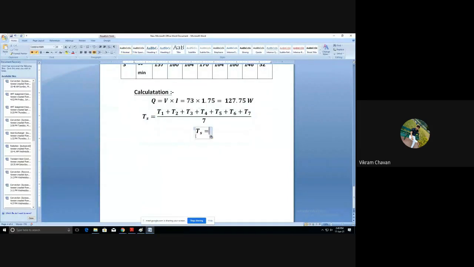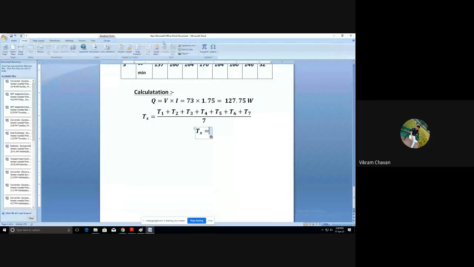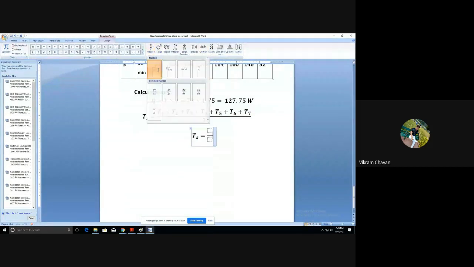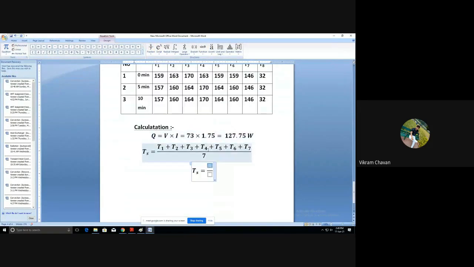So 157 plus 160 plus 164 plus 170 plus 164 plus 160 plus 146 plus 32, divided by 7.